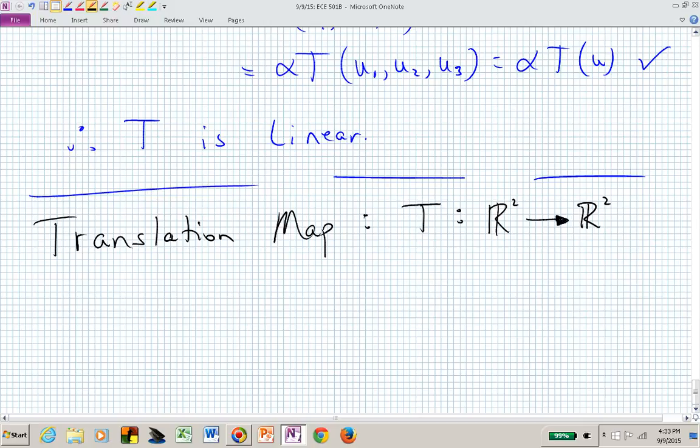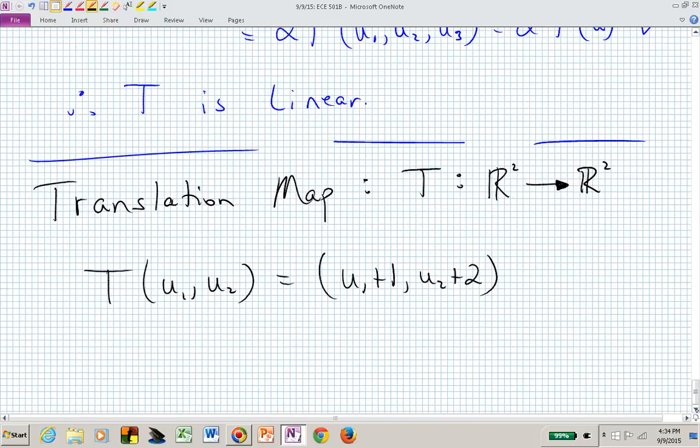I just have to worry about where my feet are on this floor in the front of the classroom. And suppose that this map is such that T, operating on an arbitrary point u1, u2, translates that into u1 plus 1 and u2 plus 2. So I'm now translating each of those coordinates a given amount.